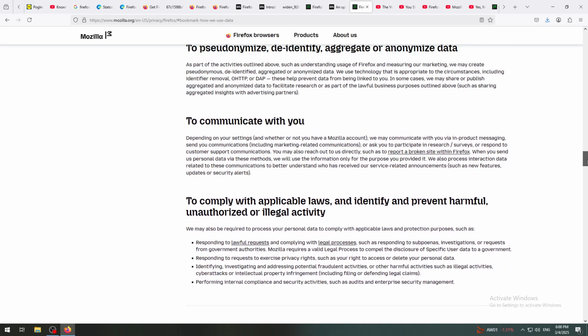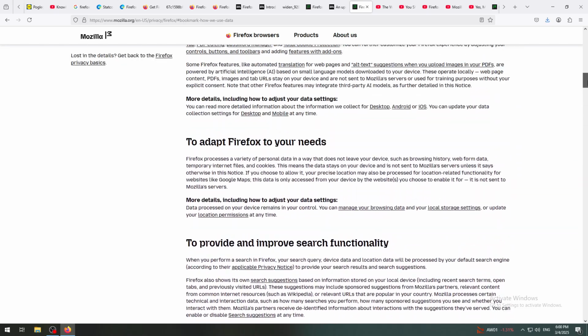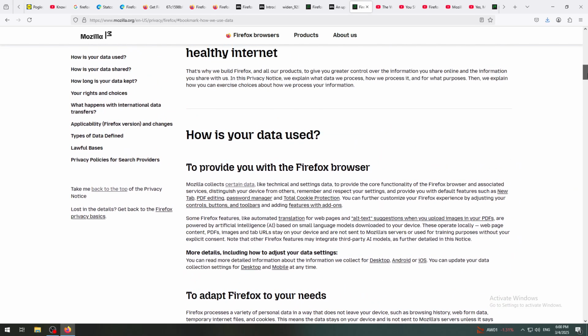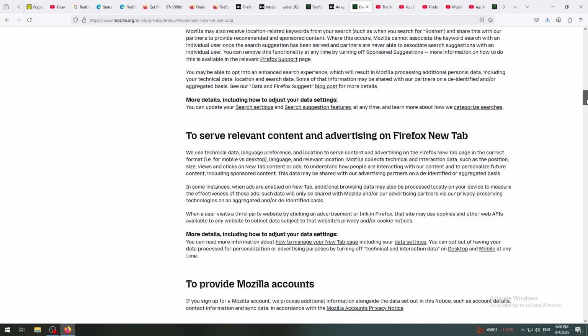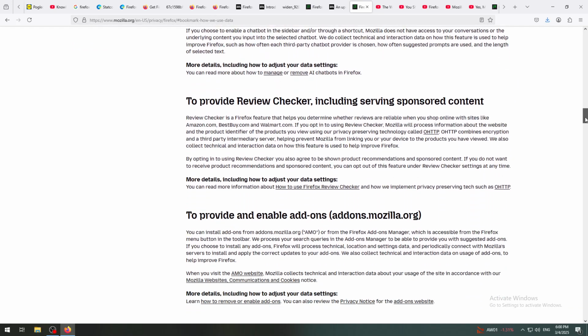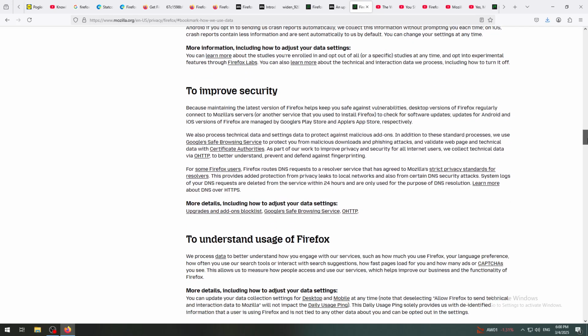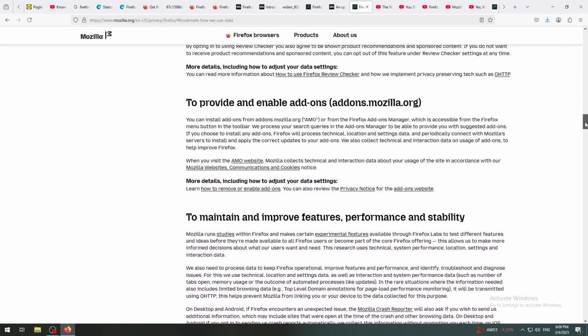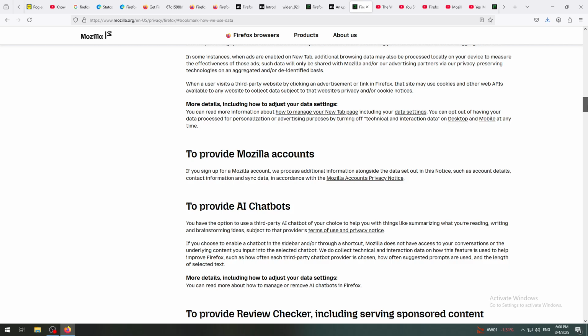So you see how many statements there are about how your data is used. And it's funny how actually security and privacy is somewhere here below. Even the AI is before it, AI chatbots.